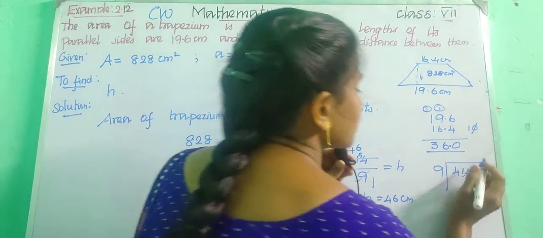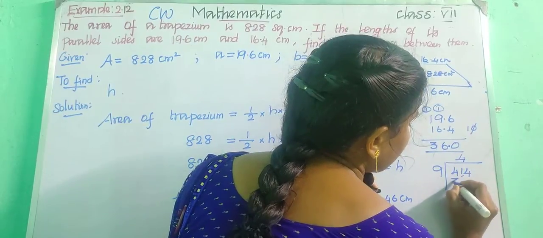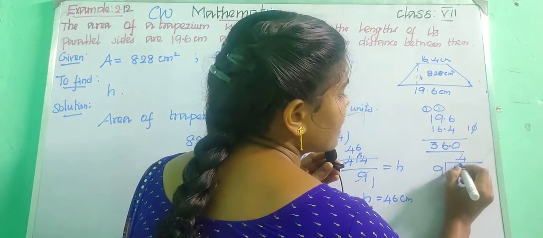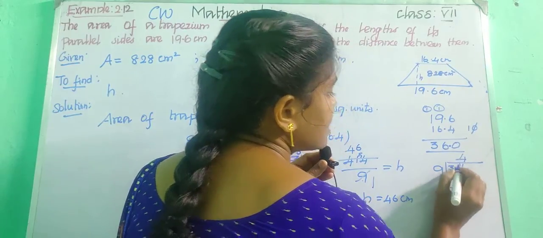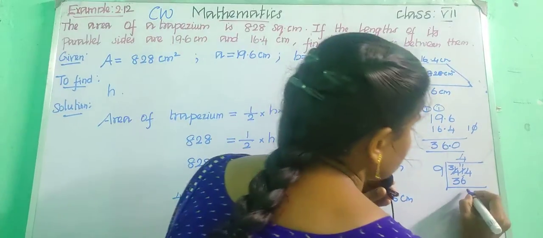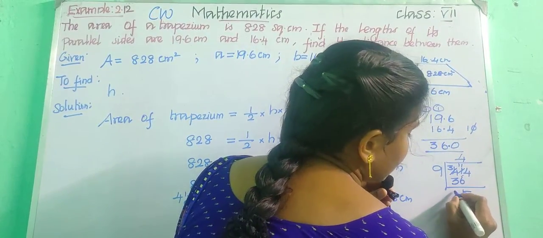Put 4 in the quotient and 36 here. So this 1 becomes 11 and 4 becomes 3. 11 minus 6, what will you get? 5. 3 minus 3, 0.